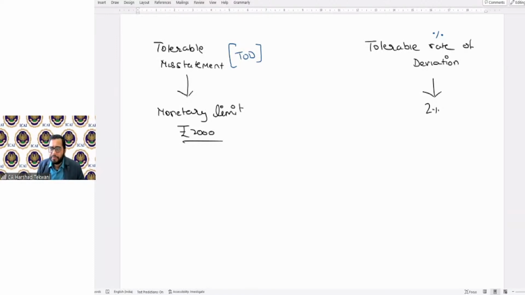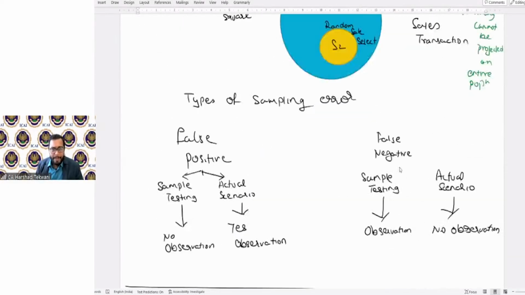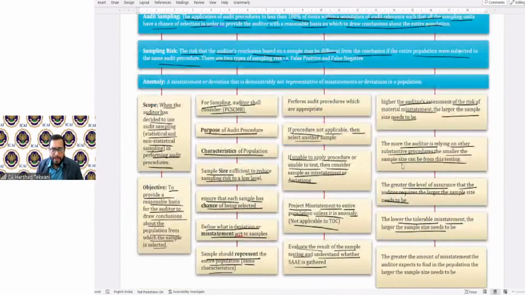Clear? Any doubts? Okay. So these are the concepts of audit sampling which we discussed.